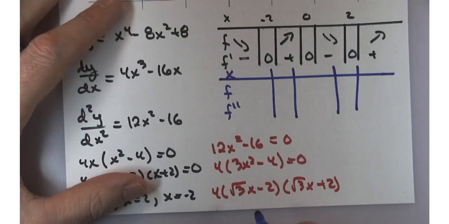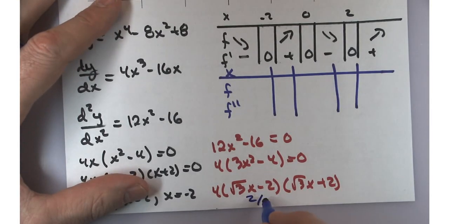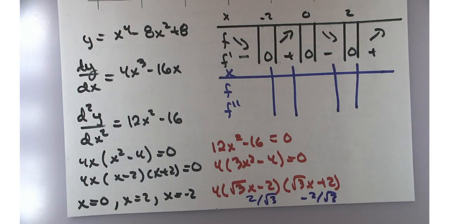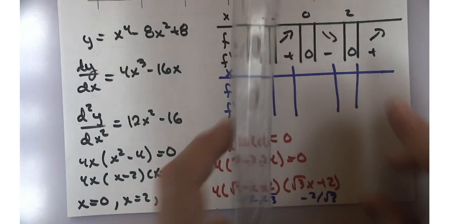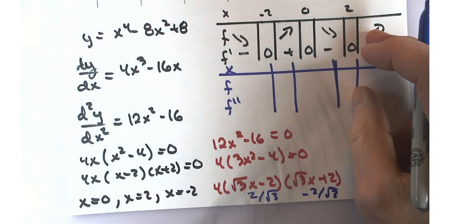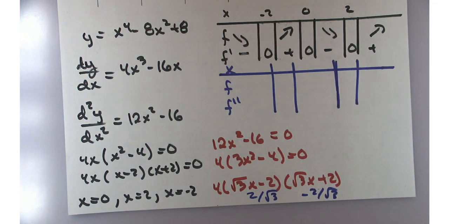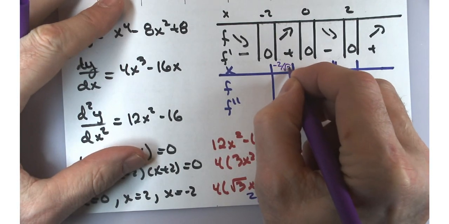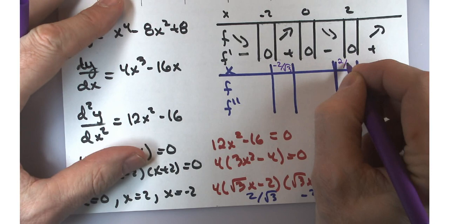And those points are going to be 2 over the square root of 3 and negative 2 over the square root of 3. I'm not sure I really left myself enough room to draw those points here. Let's see what we can do this way maybe. Negative 2 over square root of 3 and positive 2 over square root of 3.